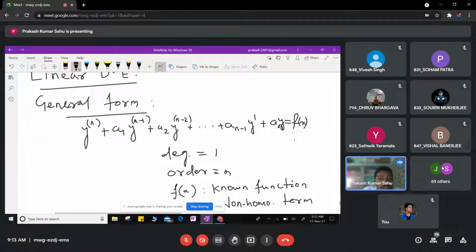Homogeneous is easy to solve, and for non-homogeneous, again some methods are there to solve the differential equation.